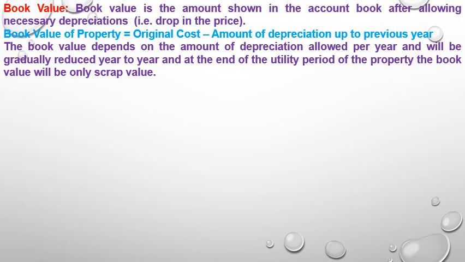The book value depends on the amount of depreciation allowed per year because the original cost does not change. Therefore, it will be gradually reduced year to year, and at the end of the utility period of the property, the book value will be only scrap value.